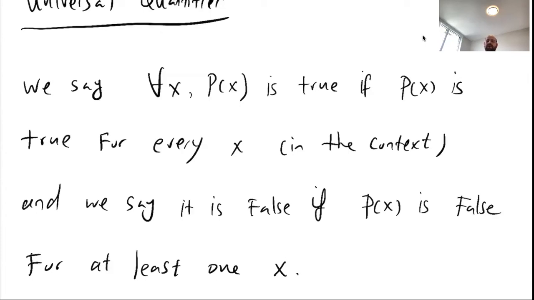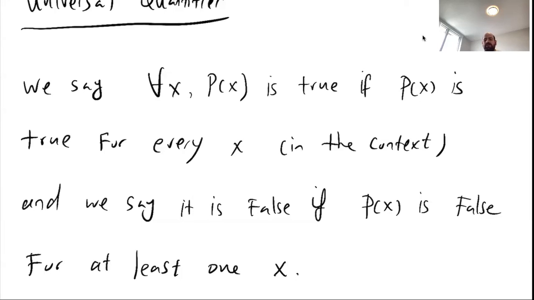And now if for every x in that domain, p of x is true, then we can say for each x, p of x is true. And when can we say that for each x, p of x is false? If for at least one x, p of x is false. This makes sense, right?